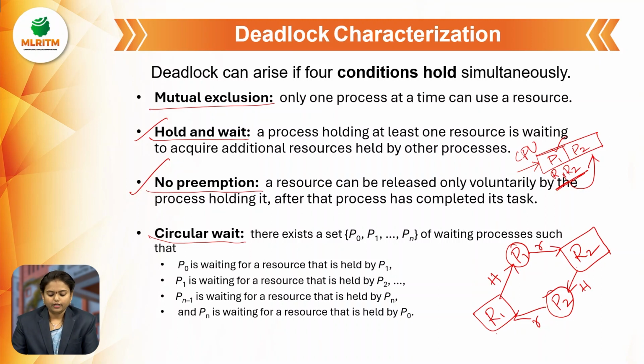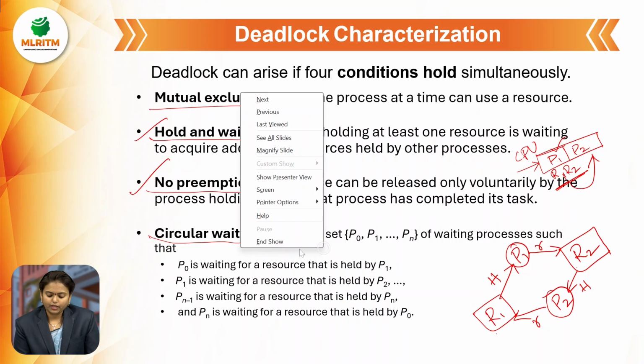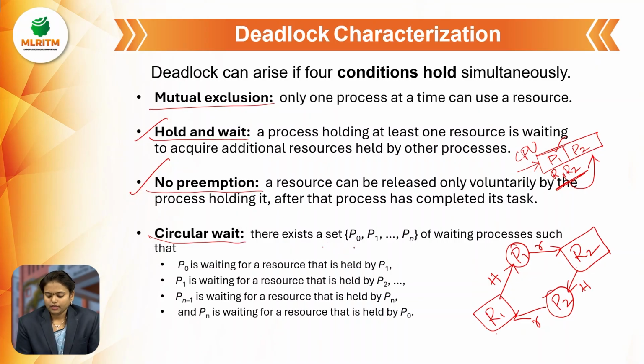And next, circular wait. Circular wait means here there exists a set P0, P1 and so on Pn. So n number of processes will be there in the CPU to execute.